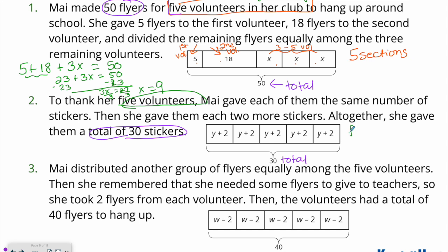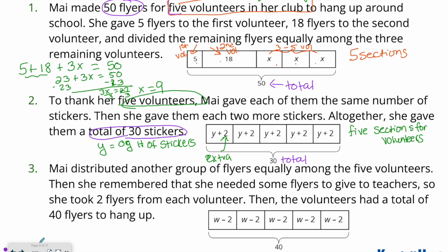So there are 5 sections to represent each volunteer. And then the y is going to be the original number of stickers. And then we have the 2 extra that she gave each person.